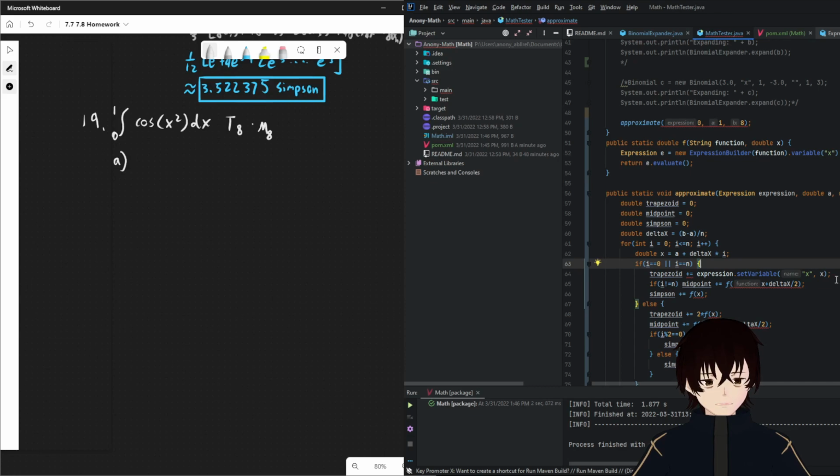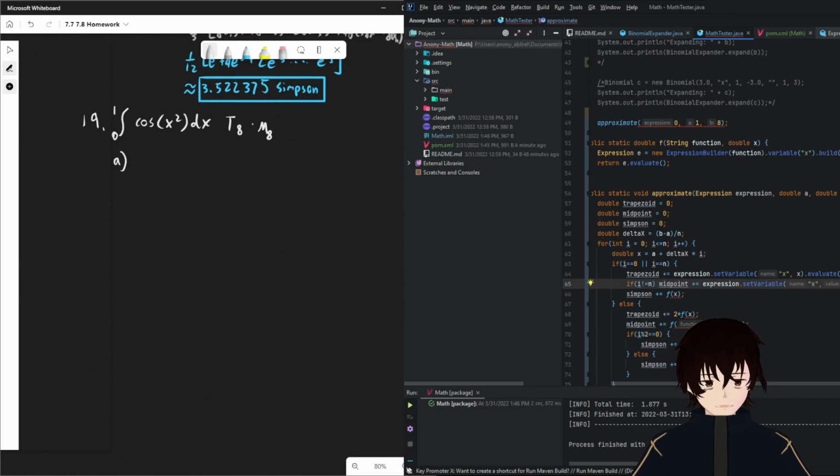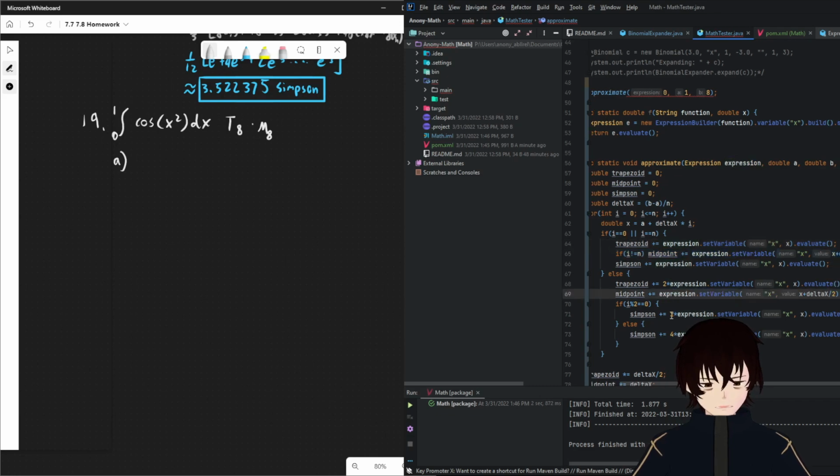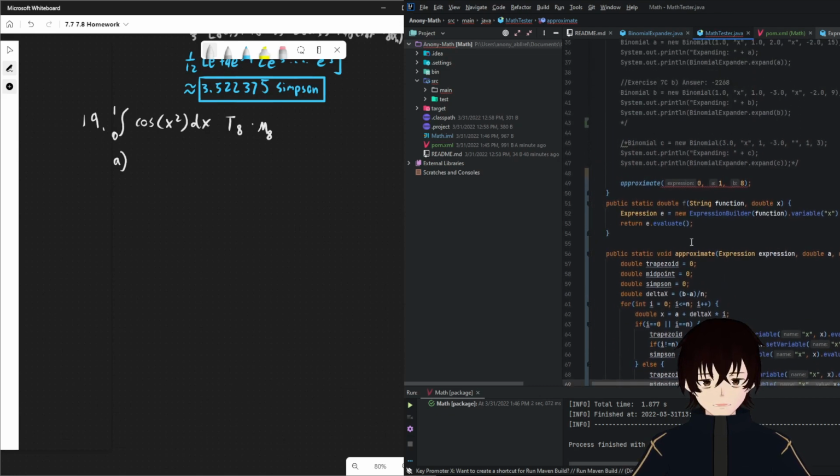Set to x dot evaluate, and essentially the same things everywhere else. Fantastic. No.